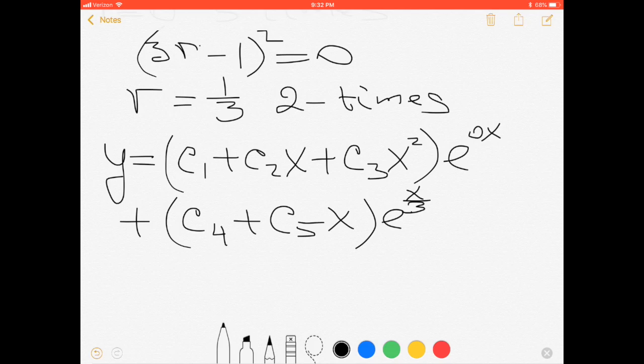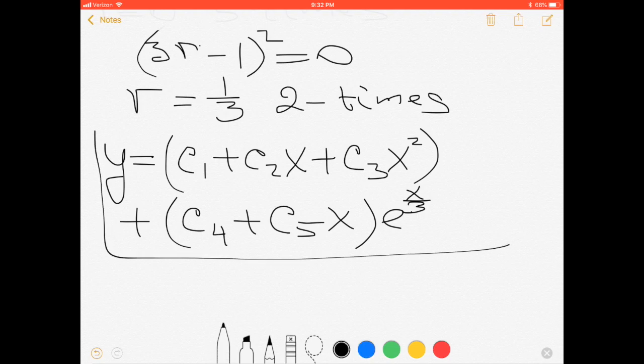Every time, because this part is exactly equal to 1, we can clear this part, and now this is finally our general solution.